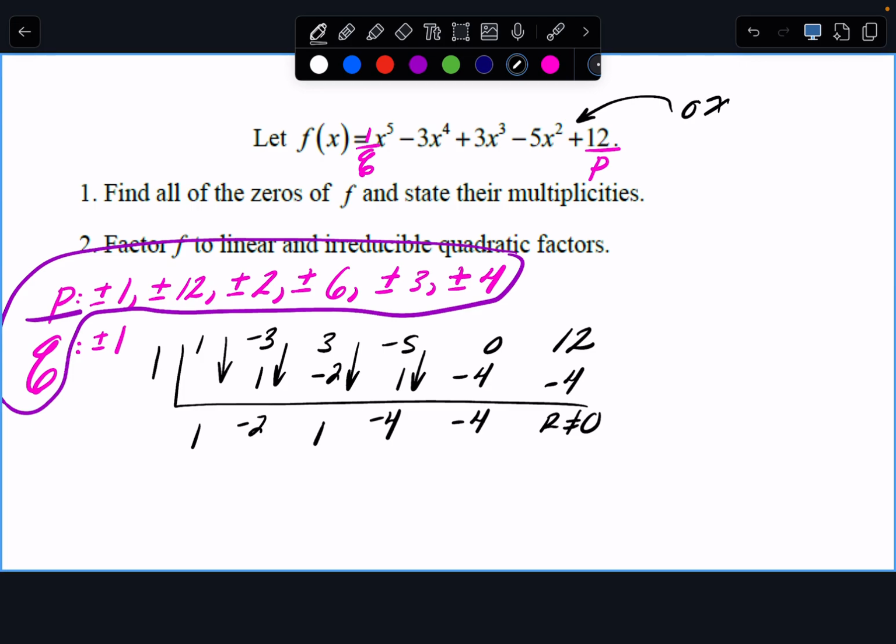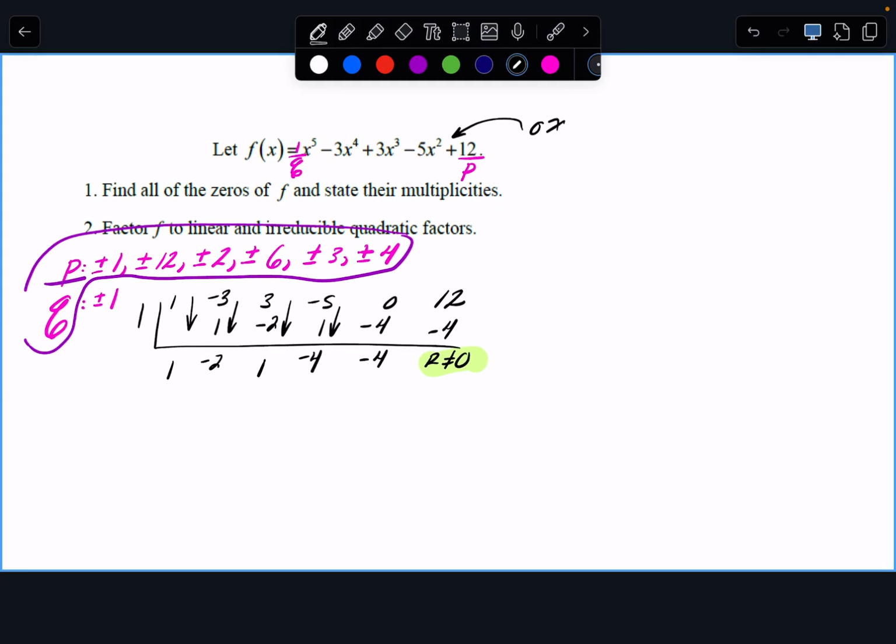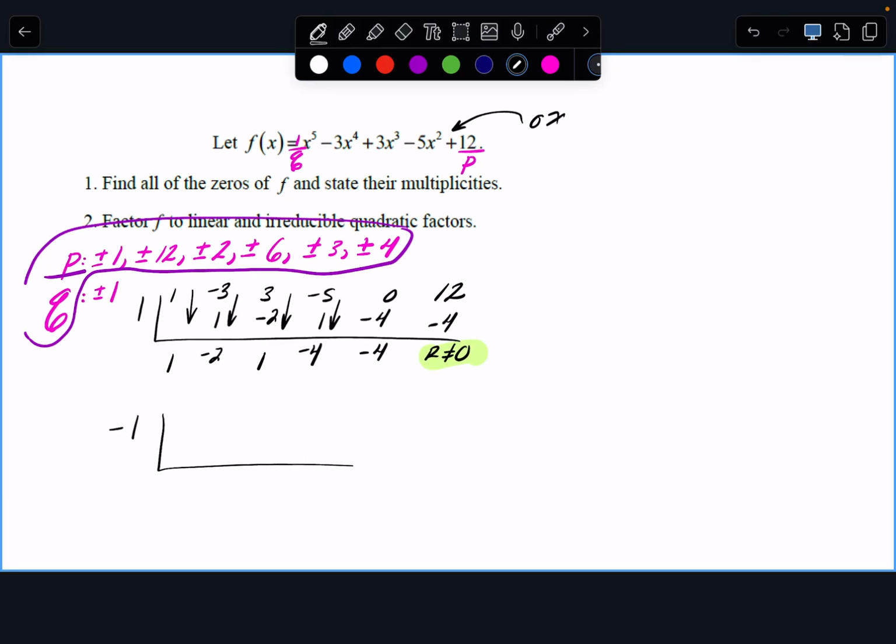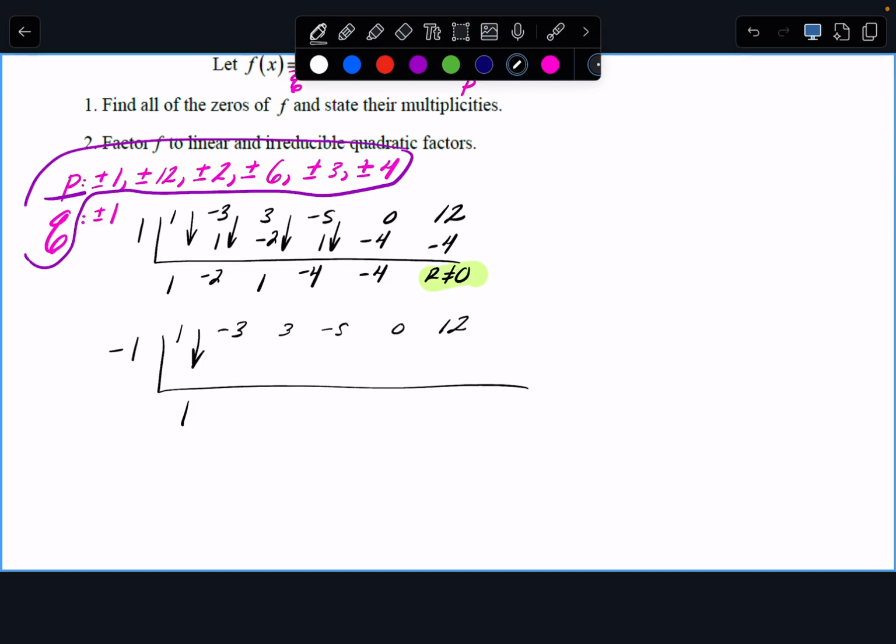I'm getting a remainder not of 0, but I do mess up. Anyone else? Remainder is not 0. I could see it wasn't 0, so I just was like, nope. Okay, then let's try negative 1. Just take some dedication on these sometimes. I'll check with you back at the end.